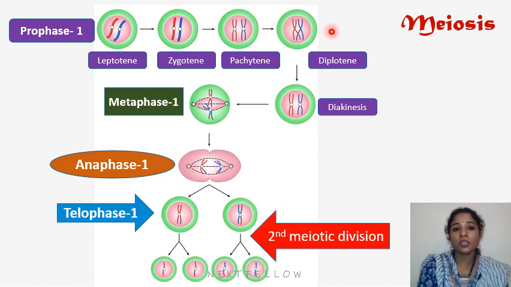Each daughter cell contains only half the number of chromosomes, called the haploid number, and with exchanged genetic material because of the crossovers here.